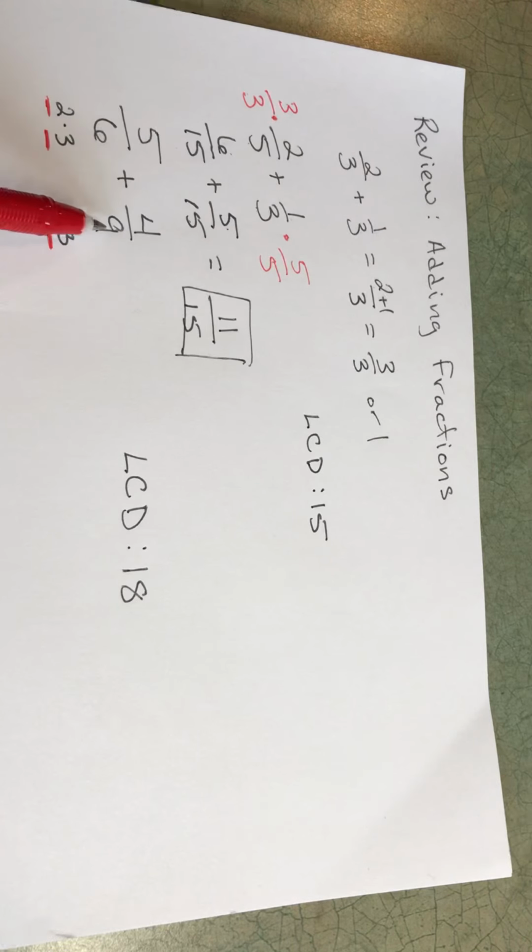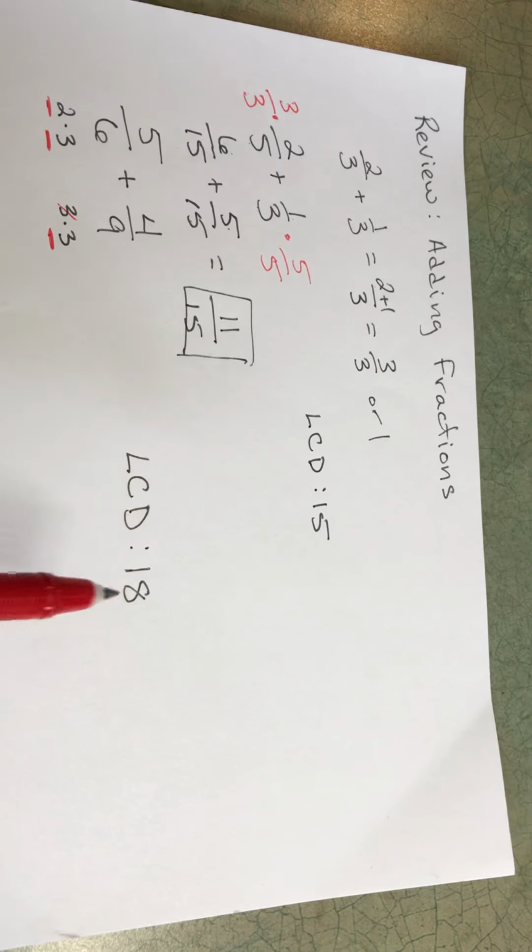So to be divisible by 9, it has to have 2 3's in it, and to be divisible by 6, it has to have a 2 and a 3 in it. So 2 times 3 times 3 is 18. Okay. This is pretty convoluted when you're doing these, but when we get to the harder ones, you'll see why this understanding is important.